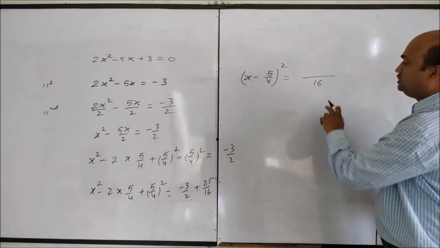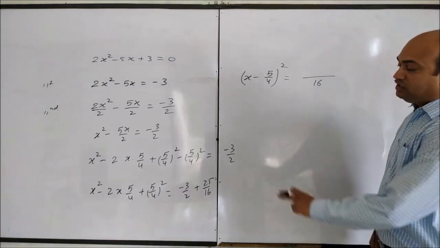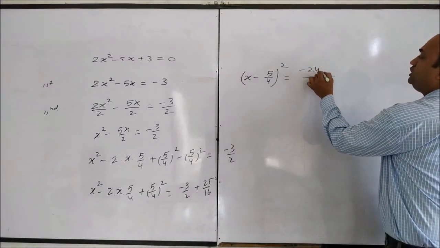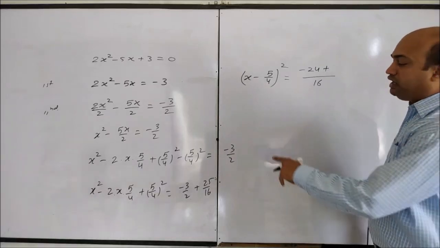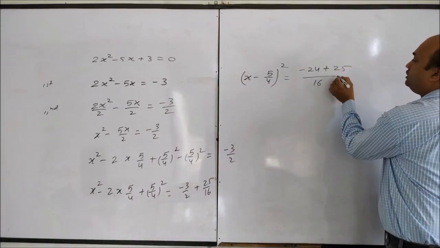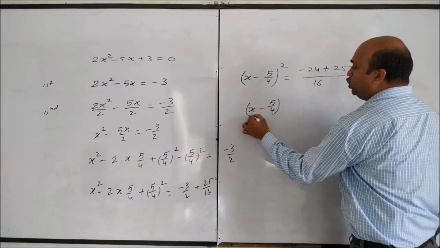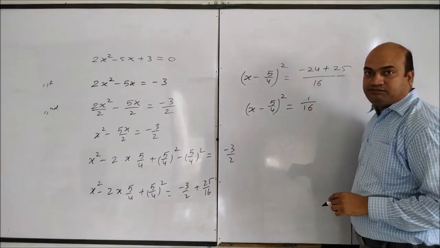LCM is 16. 16 we divide by 2, we will get 8. 8 we multiply to this minus 3, so it is minus 24. Plus 16 we divide by 16, 1 we get, so it is only 25. So we'll get it as x minus 5 by 4 whole square is equal to 1 by 16.